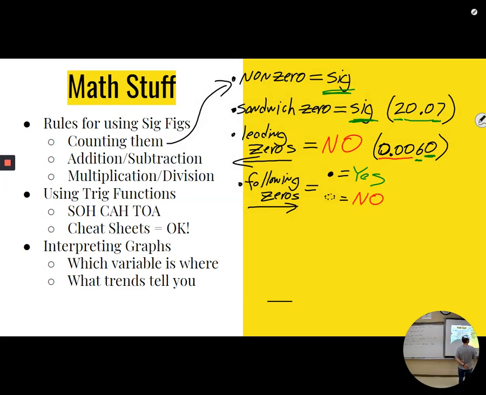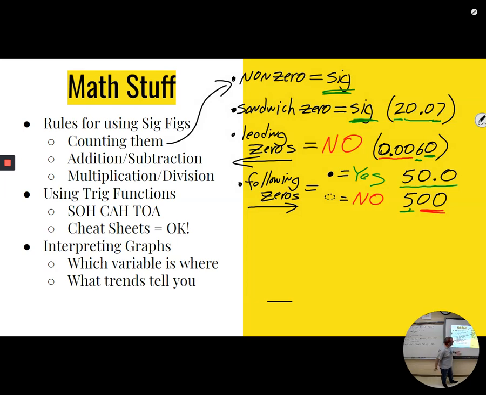So if I have 500, then the 5 is significant, but these right here are not. If I take the same thing and I go 50.0, they're all significant. The 5 is, and then the other 2 zeros are to the right. Even if they're not to the right of the decimal, they are still considered significant because they are to the right of a non-zero while the decimal is present.